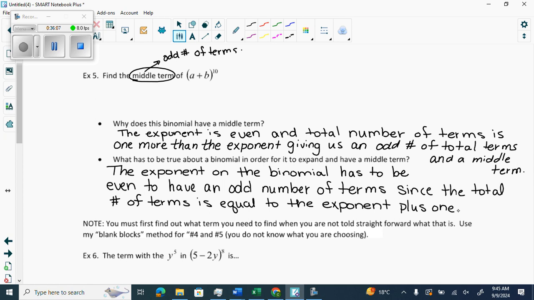Now, some people don't know which term is the middle. Well, if this has an exponent of 10, how many terms are there? 11 total terms. So if people can't visualize which is the middle, I will draw them all out.